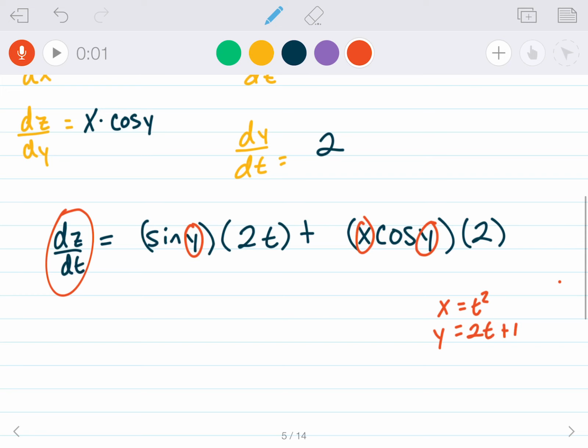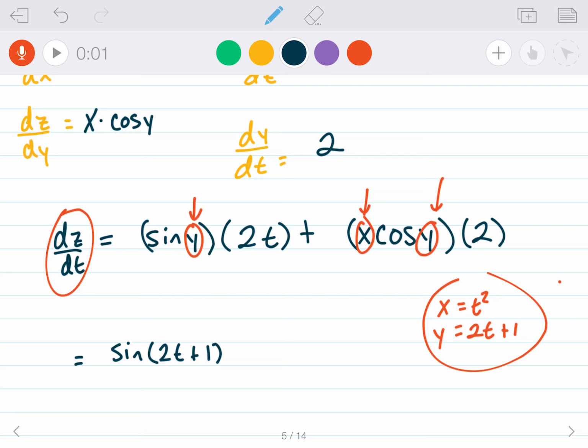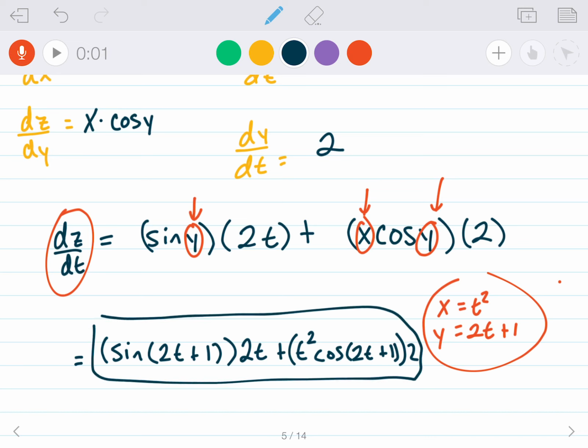So let's make these substitutions in here. We have sine of 2t plus 1 times 2t, plus x, which is t squared, cosine y, cosine of 2t plus 1, times 2. And that is our answer there. You can simplify if you want to, but it's fine to just leave it like that.